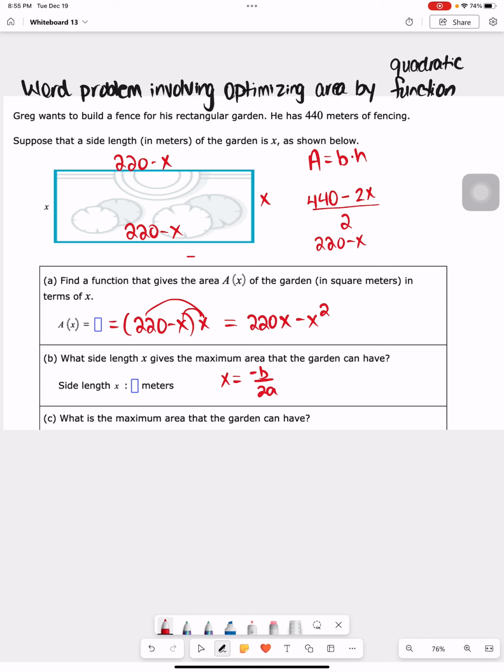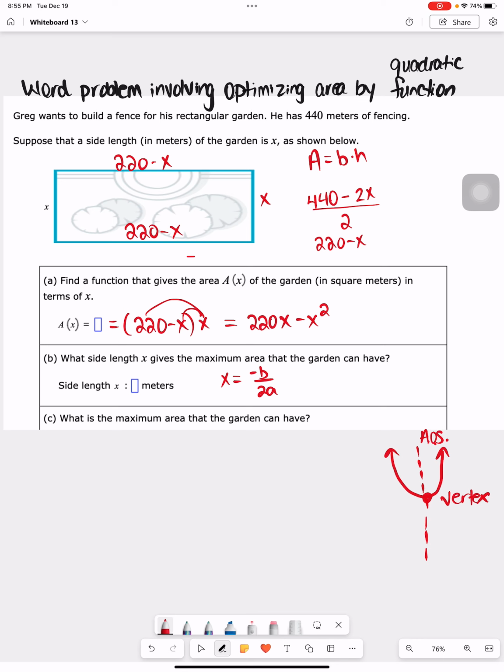So let me take a moment to explain this. If I have a quadratic, what we know is that we have some vertex, and that vertex falls along my axis of symmetry. This is how I always teach it.